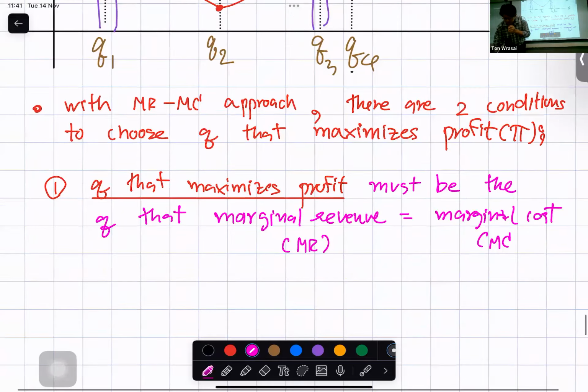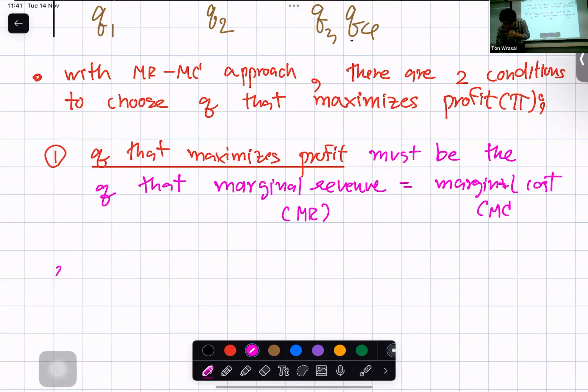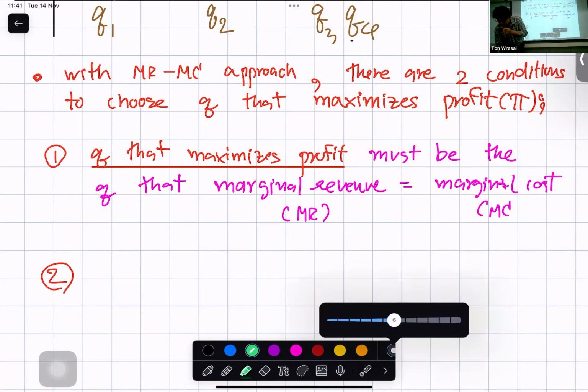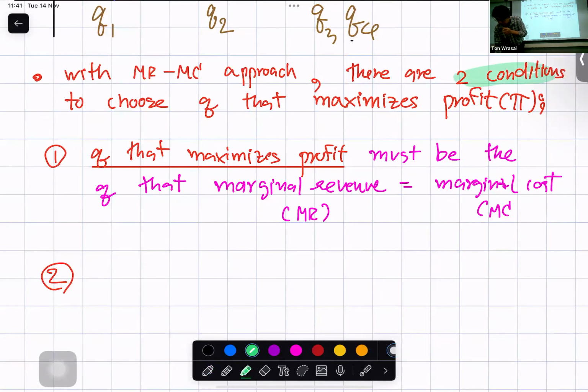Condition number two. We call these the two conditions, number one and number two.